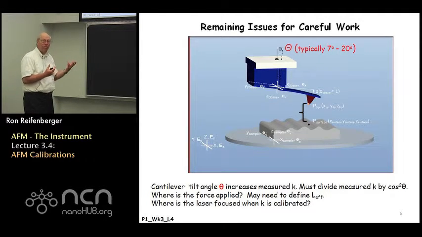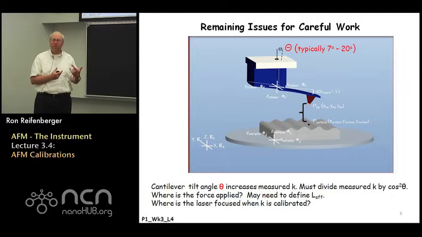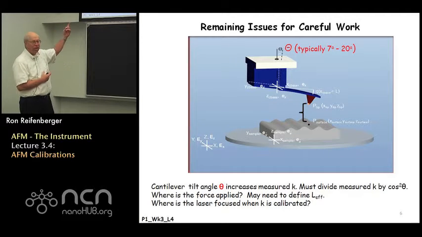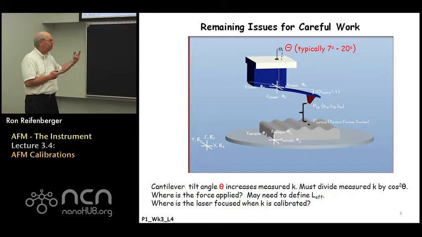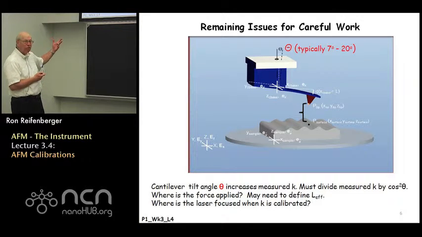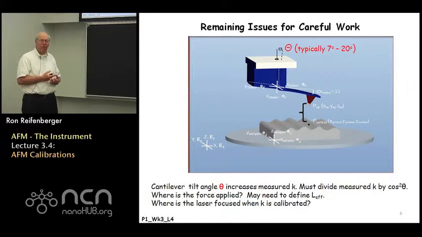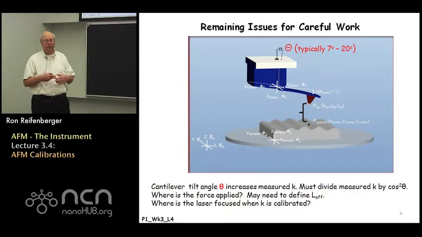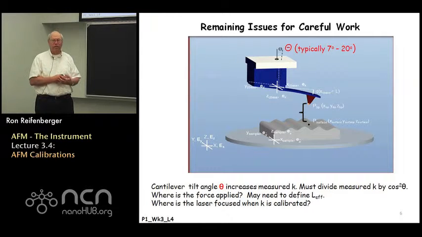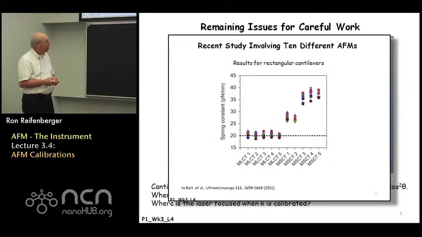So maybe you have to worry about an effective length if you're trying to use the numerical formulas that were given earlier in this lecture. And then also where the laser beam is positioned on the cantilever will change your estimate of the spring constant.